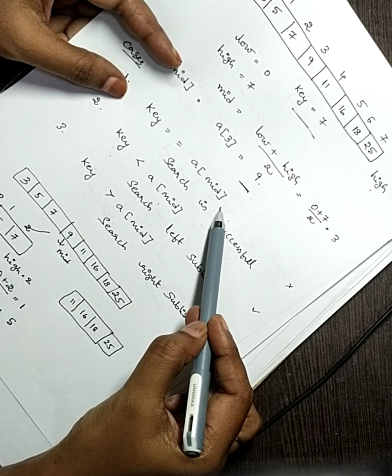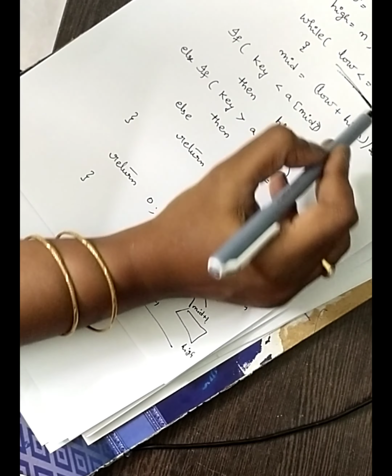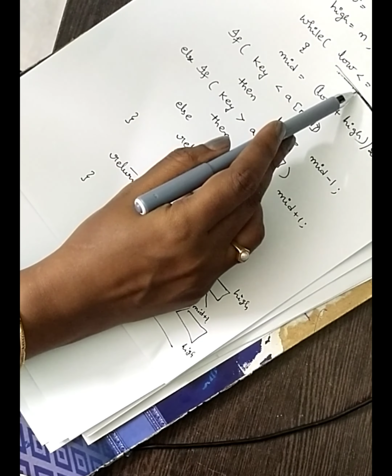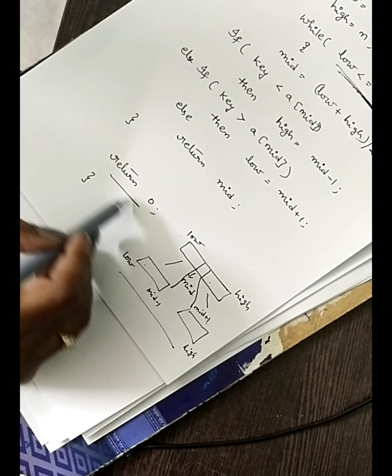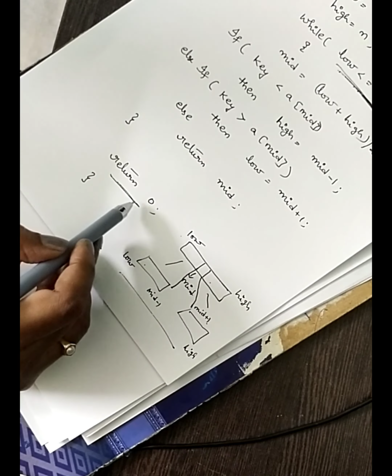For the right sublist, high will be high only, but the low will become mid plus 1. So this loop will be continued until low is less than or equal to high. When low becomes greater than high, it returns 0. That means search is unsuccessful.